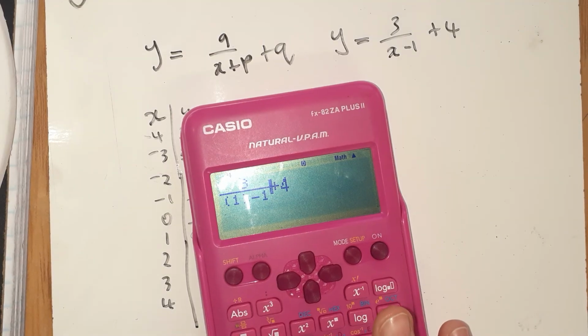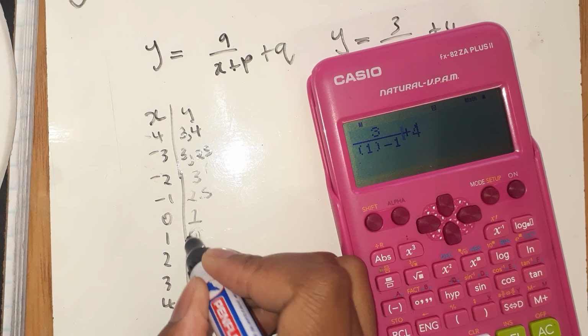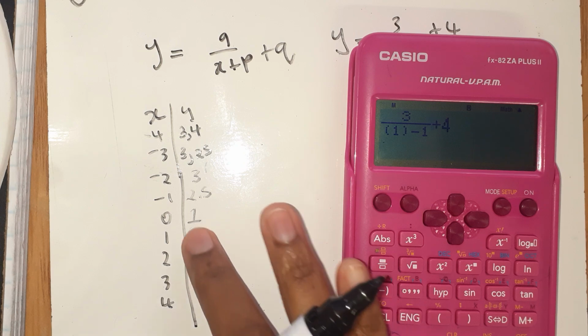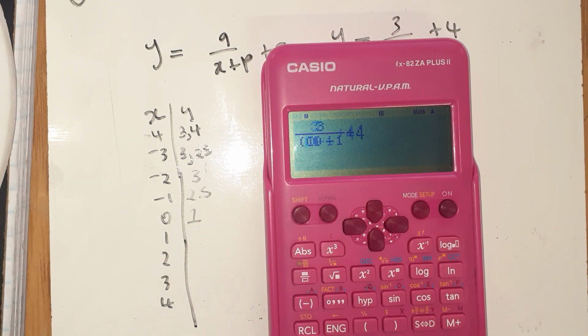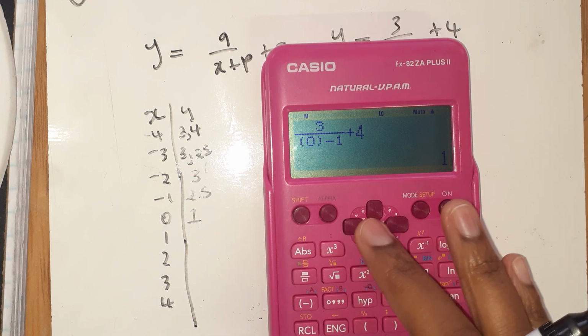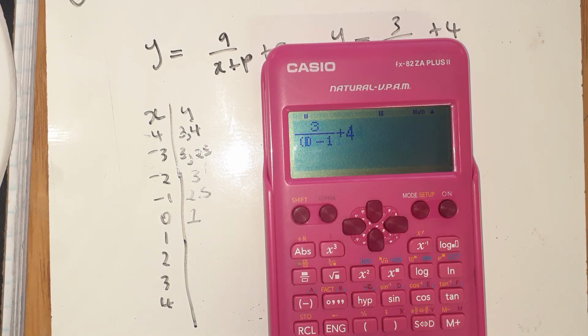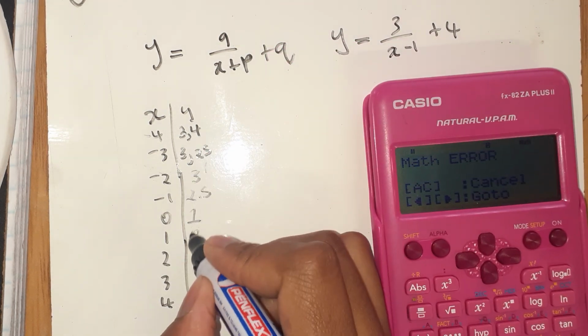I also did 0, and I substituted 0 and got 1. And when I substitute 1, there's an error.